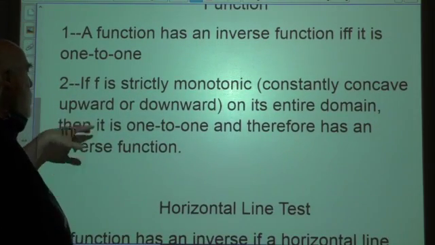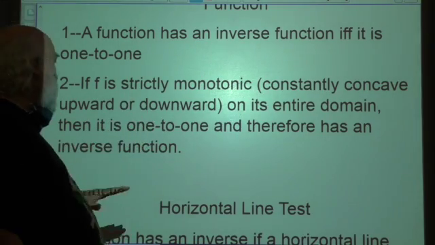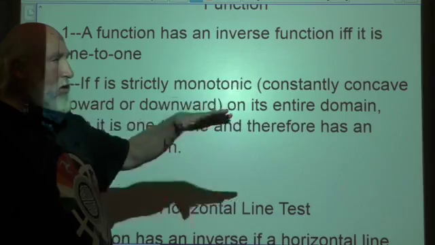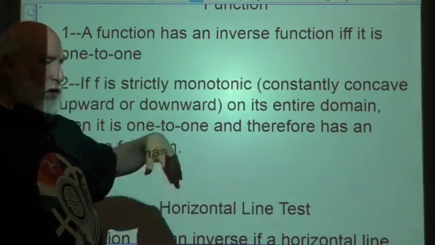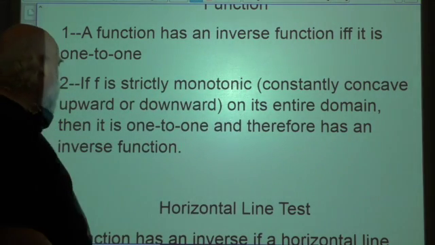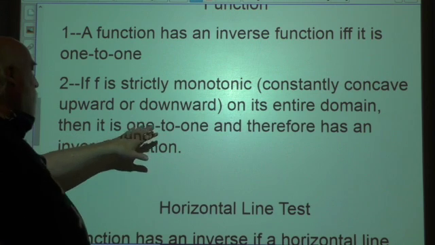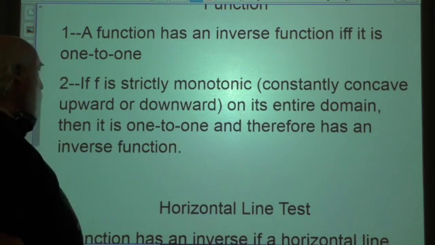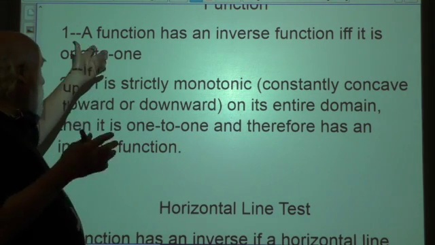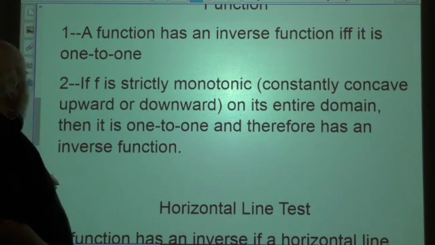Second point: if f is strictly monotonic, it means constantly concave upward or downward. It doesn't have the curving things. It's just a continuous curve, but no inflection point. On its entire domain, then it is one-to-one and therefore has an inverse function. So all one-to-one functions, as described here, have inverse functions, and that is defined as being something monotonic.